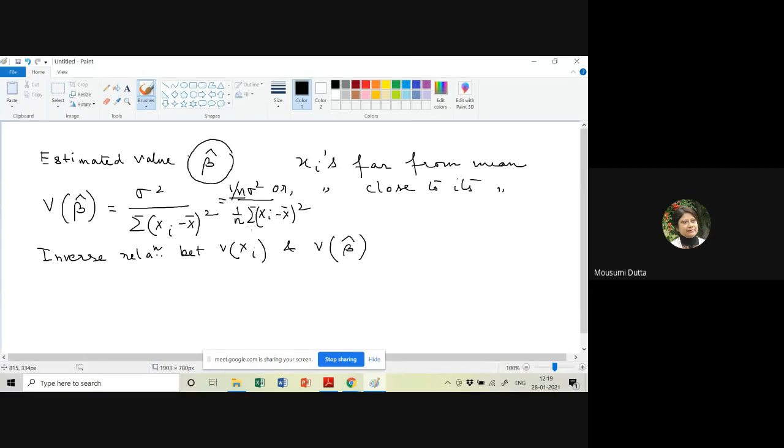So if I rewrite the definition in this way, the variance of beta hat is inversely related to the variance of xi, and the variance of xi will increase if xi's are far from the mean. So what will happen if the variance of xi increases? In that case, the variance of beta hat will fall.